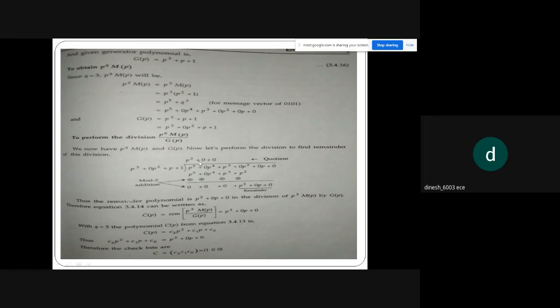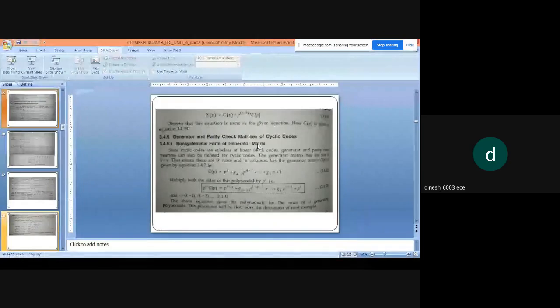So p power 3 we have, we don't have p square so 0 p square, plus p is there, plus 1 is there, so write as it is. Any doubts in determining p cube into m of p? Let me see in the chat box.